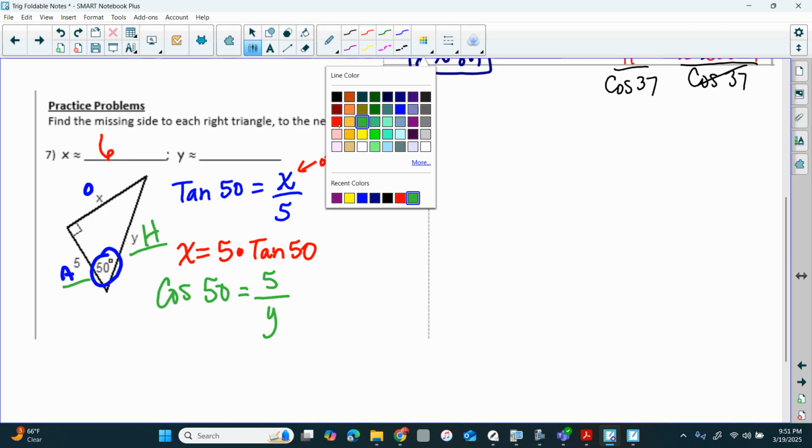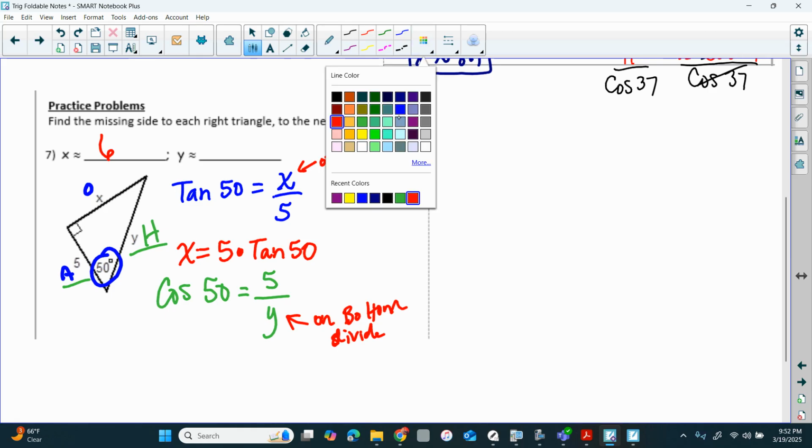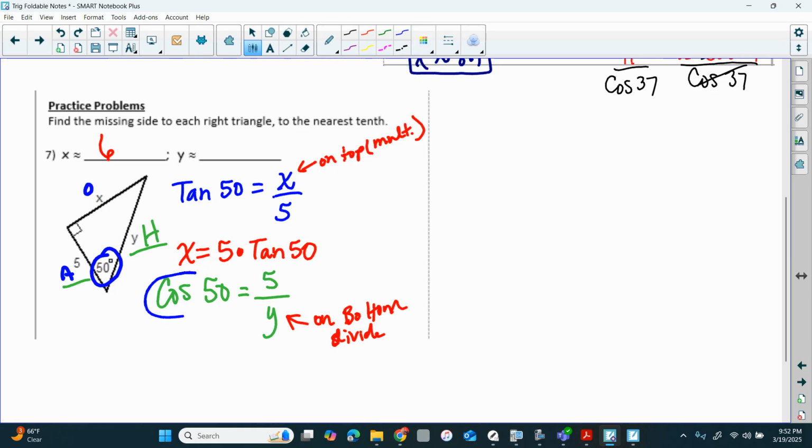Okay. So when it's on the bottom, you're going to divide. Or you can switch and divide. Let's put divide here. So this is what I mean by switch and divide. We're going to take this cosine of 50 and put it where the y is. I'm now going to put the y on the other side of the equal sign.